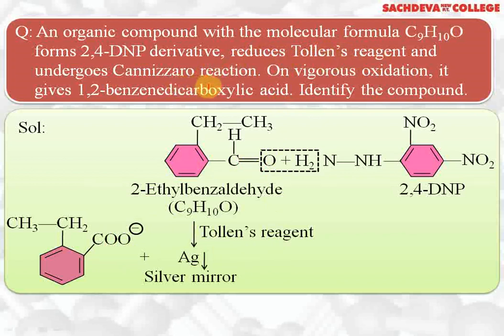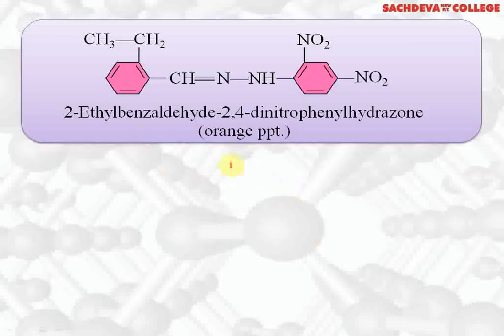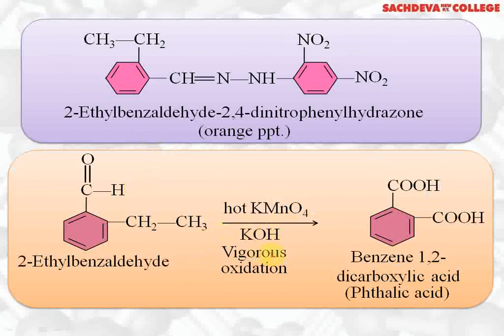And because it does not have alpha hydrogen, it will undergo Cannizzaro's reaction also. With 2,4-DNP, it has formed an orange precipitate. With hot alkaline KMnO4, that is vigorous oxidation, this aldehyde group will change to carboxylic acid and this carbon will also change to carboxylic acid. We will get benzene-1,2-dicarboxylic acid, which is popularly called phthalic acid.